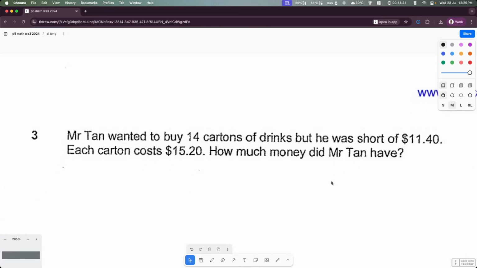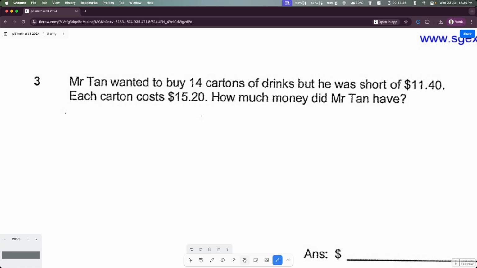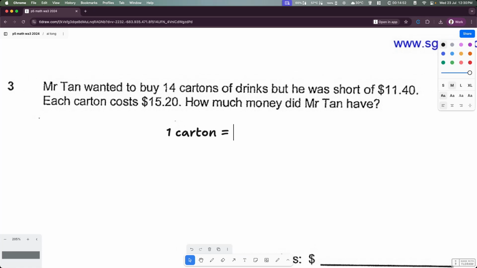Question 3. Mr. Tan wanted to buy 14 cartons of drinks, but he was short of $11.40. Each carton cost $15.20. How much money did Mr. Tan have? First, we know that one carton is equal to $15.20.